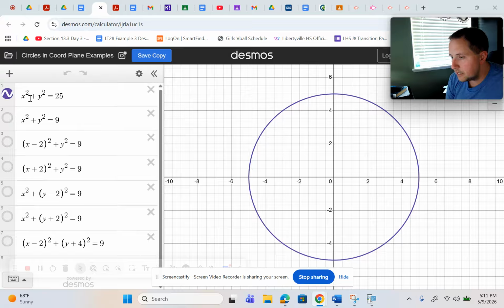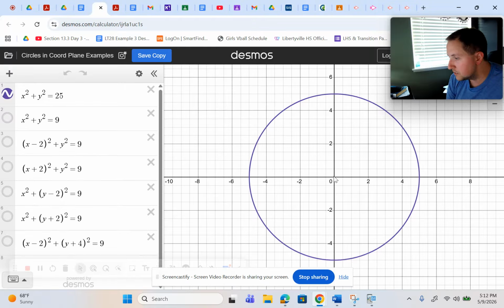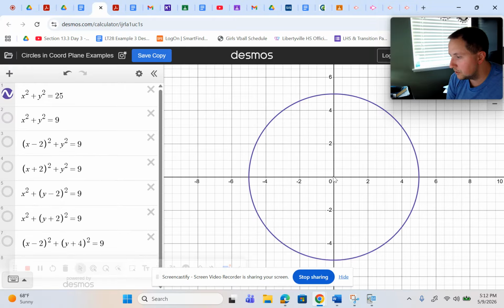The left-hand side is just x squared plus y squared. This is the simplest type of circle where it's centered at the origin. So if I look here, the center of that circle is right at 0, 0. And notice on the right-hand side, I have 25. And remember from the standard form, that's my radius squared.